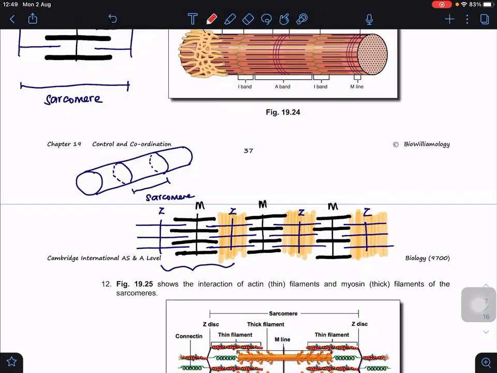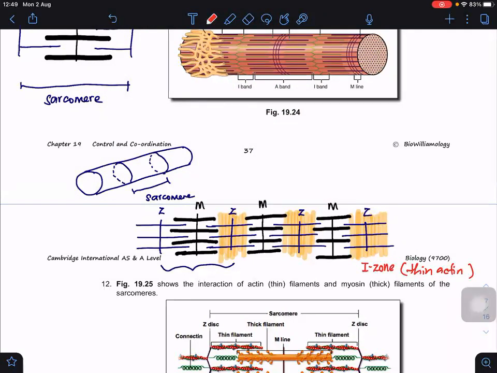If you look at the I zone, it only has the thin actin filament.